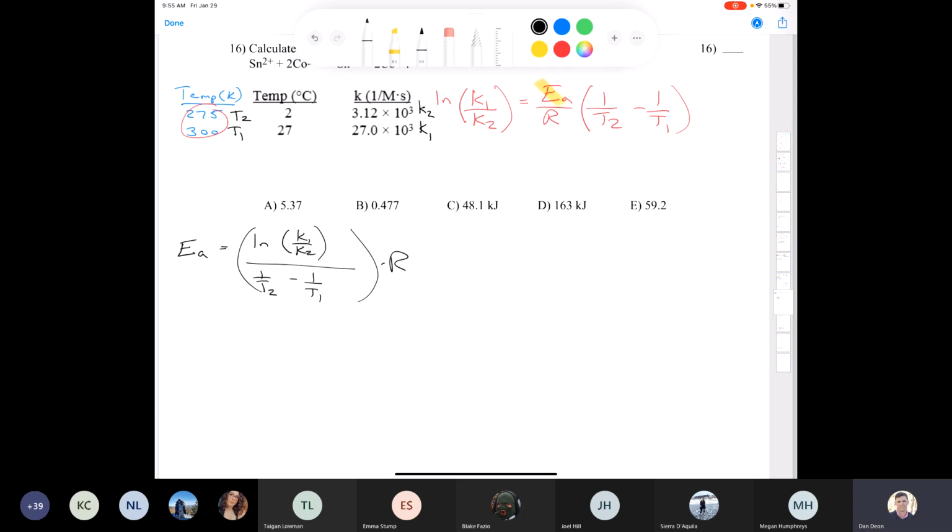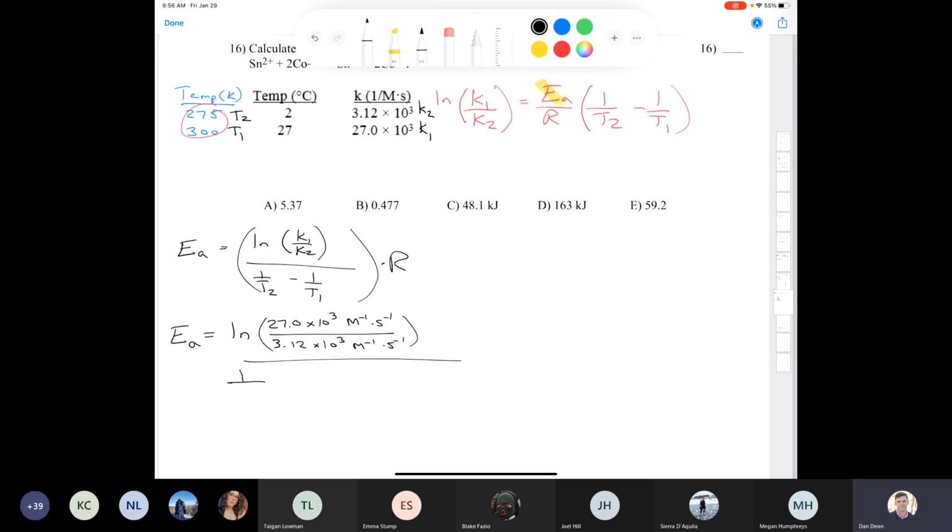We get the EA is equal to the ln of K1 over K2, so 27.0 times 10 to the power of 3 molar to the minus 1, seconds to the minus 1, divided by 3.12 times 10 to the power of 3, molar to the minus 1, seconds to the minus 1.